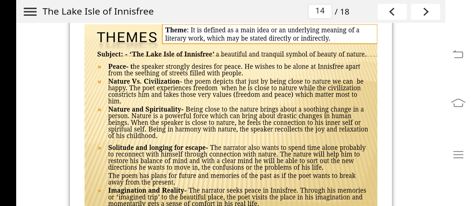Nature is a powerful force which can bring about drastic change in human beings. When the speaker is close to nature, he feels the connection to his inner or spiritual self. Being in harmony with nature, the speaker recollects the joy and relaxation of his childhood.